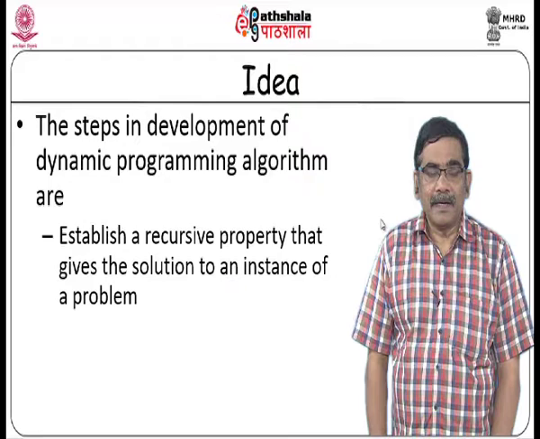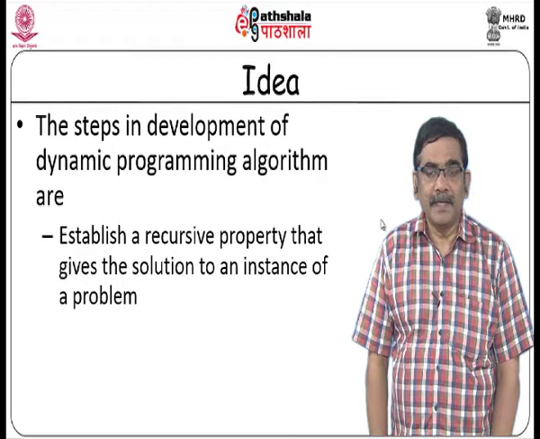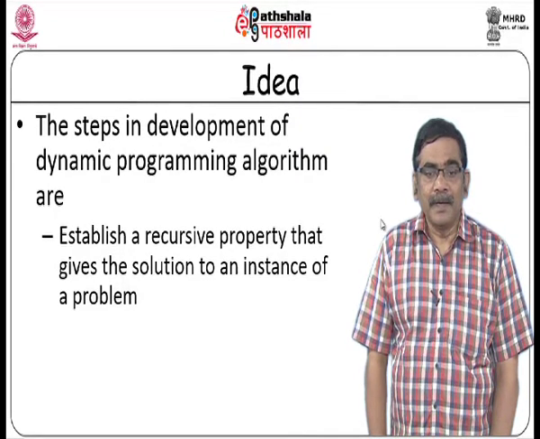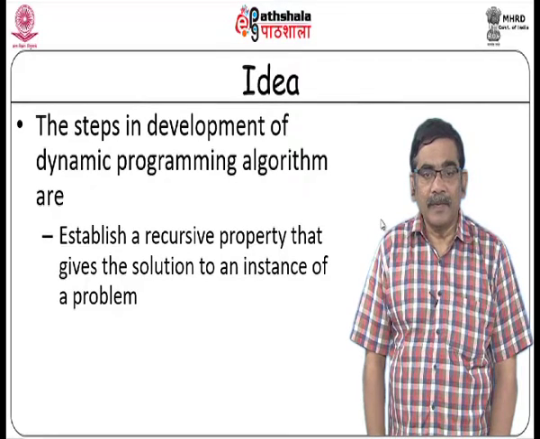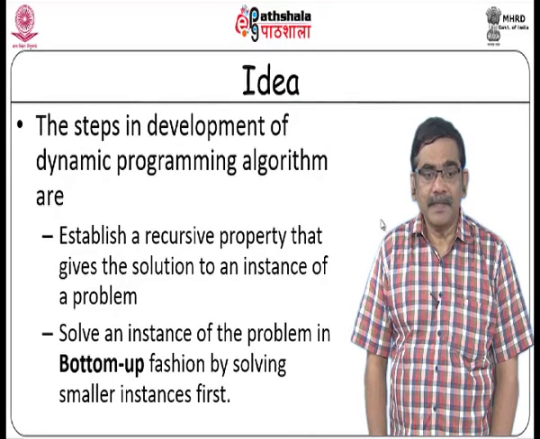So, remember what we were talking about in the last module. The important thing is we have to establish the recursive property that gives the solution of an instance of the given problem. So, this combines the problem and its subproblems.